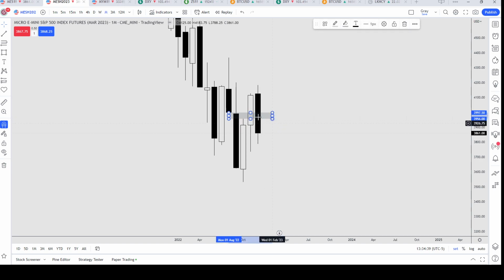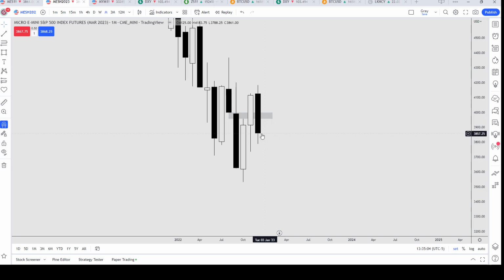So this fair value gap, I expect it to be a form of resistance. So this is my bias right now for January. Usually January tends to be a bearish month. So what do I want to see? I want to see a power of 3 candle.